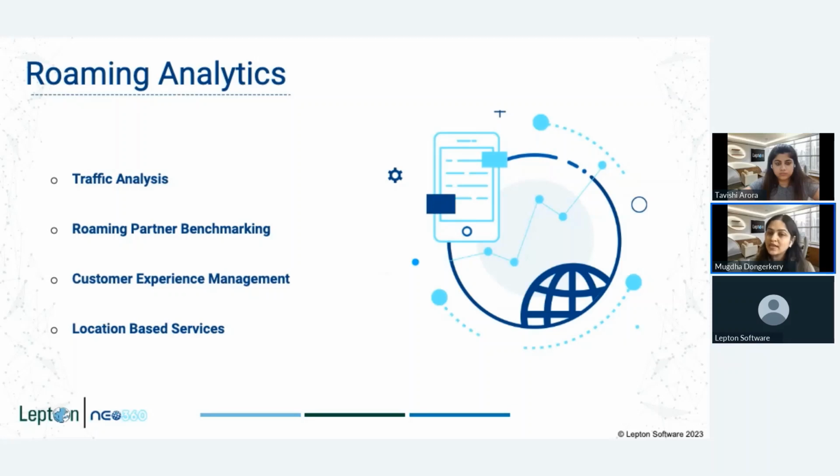Also, we have the KPIs collected from the roaming partner for certain geographies. We can analyze and we can do the customer experience management. We can know that where we are lacking and where the customers are getting annoyed, and we can take care of them proactively. And obviously, location-based services. For example, if the customer is latched onto some particular network or for a particular country, then you can tie up for the marketing. You can use this as your advertising and an additional revenue source.